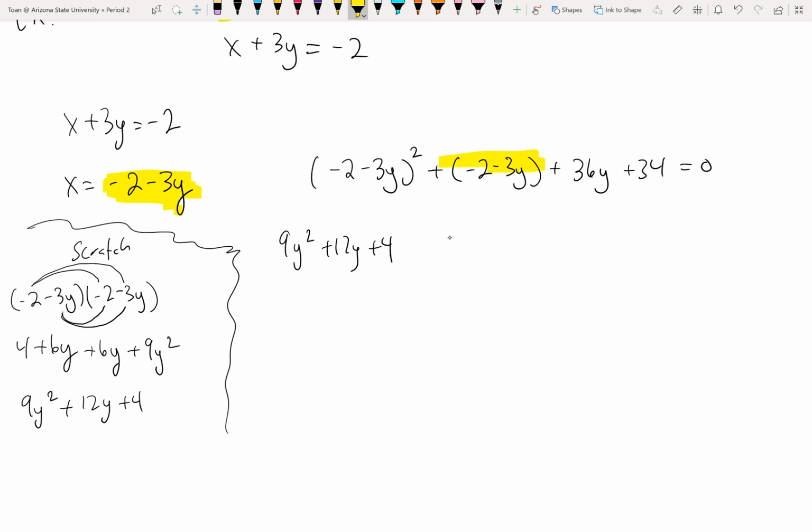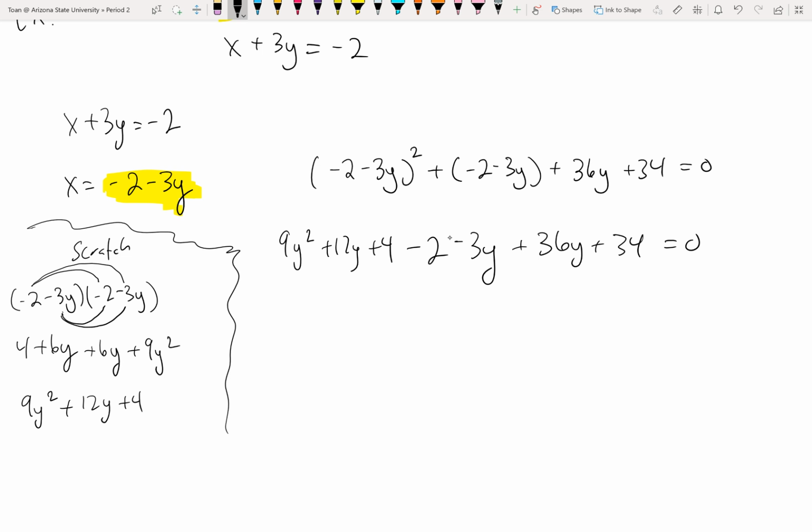You guys see how with this second parentheses, there's nothing in front of the parentheses. There's nothing multiplying it, so I can just drop the parentheses. Those parentheses aren't needed. So I have a plus a negative 2, which is a minus 2. A plus a minus 3y is a minus 3y. And then copy down the 36y plus 34 equals 0.